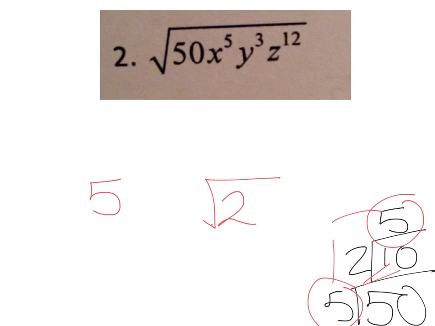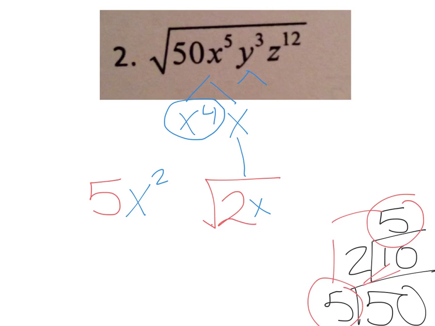For my variables, I'll have the exponent divided by index again. So for the x to the 5th, remember I want to break that apart. So I'll have x to the 4th and x, because 4 I can divide by my index of 2, but I can't divide 5. So x to the 4th divided by 2 would give me x squared, and it would leave me with 1x inside my radical.